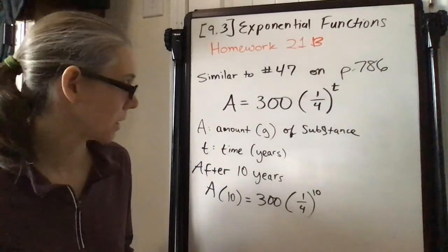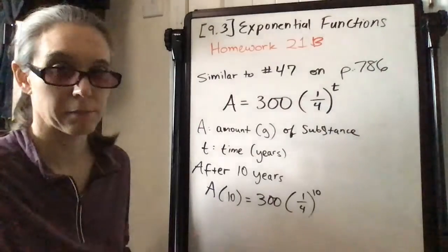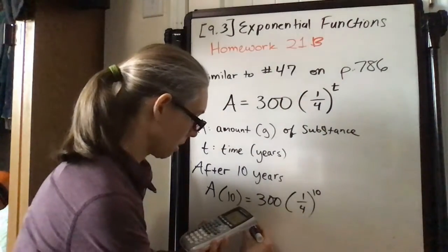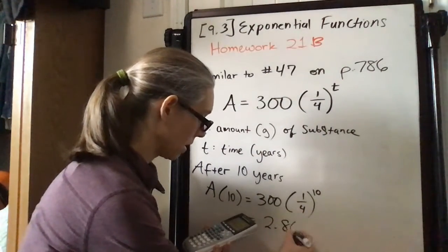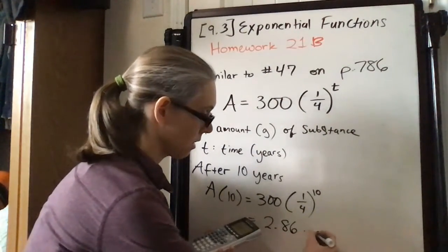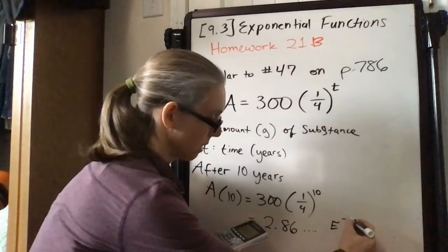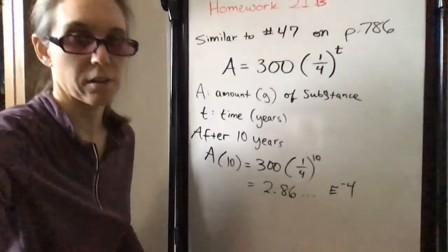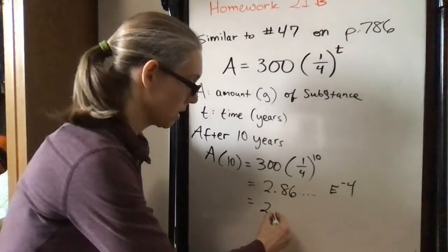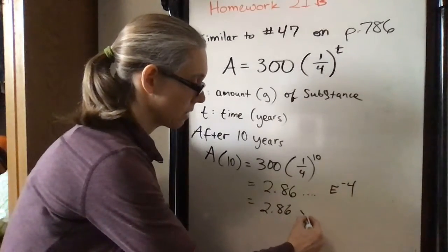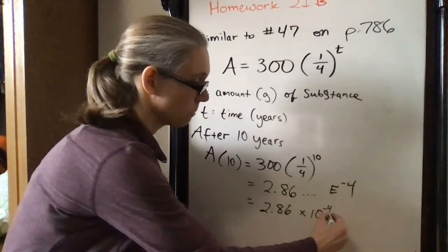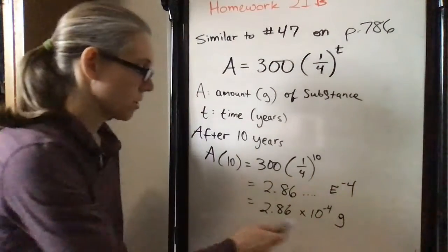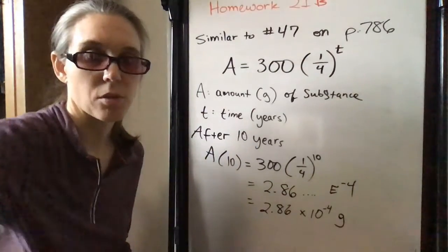In my case, because this one decays so rapidly, it actually ended up being 2.86, and then it says E -4. What that means is to the -4th power. So this is actually written in scientific notation. That would be 2.86 times 10 to the -4th grams.